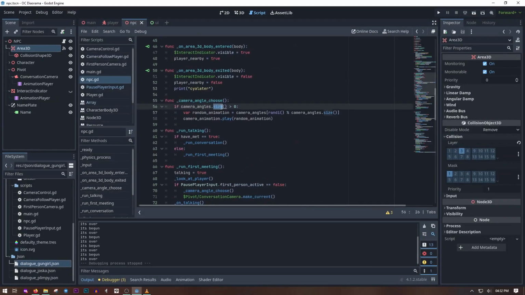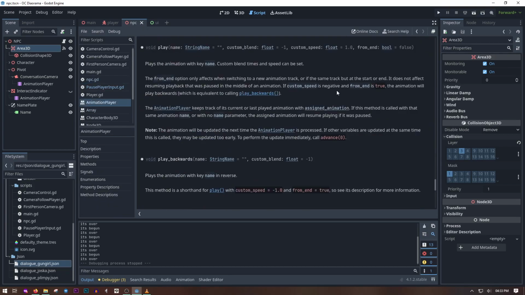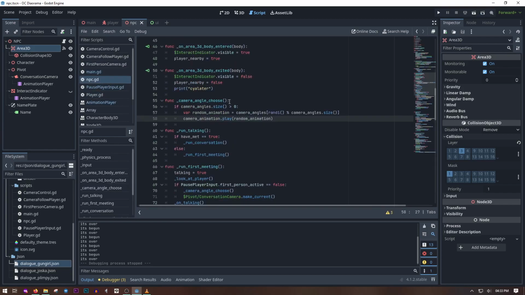If camera angle size of the array is greater than 0, random animation equals camera angles, randi percent camera angle size. So I think this is just saying camera angles, pick a random one from the size of the array, and then camera animation, play the random animation. Play meaning it's like a thing for making an animation begin, or choosing one. So that's choosing the camera angle.